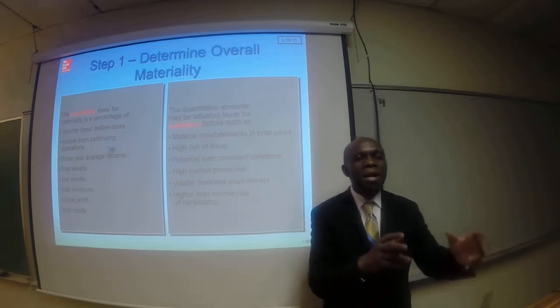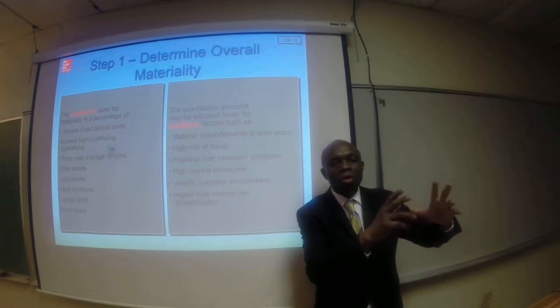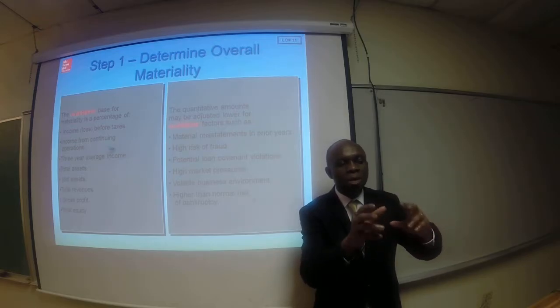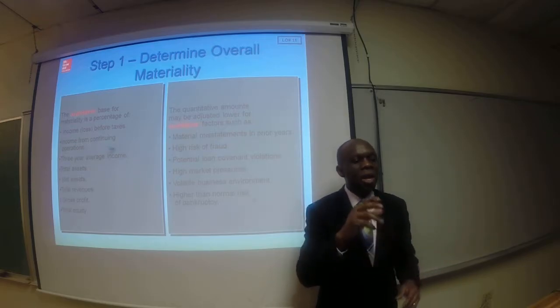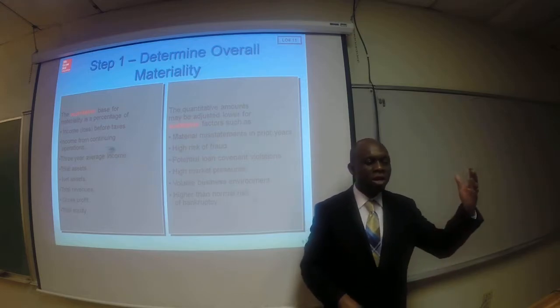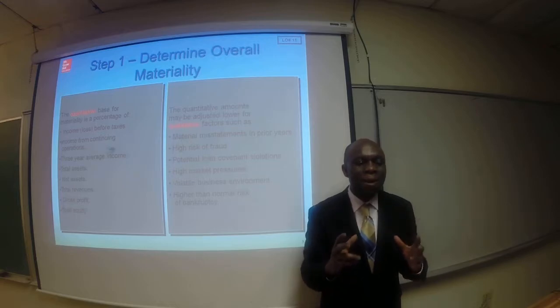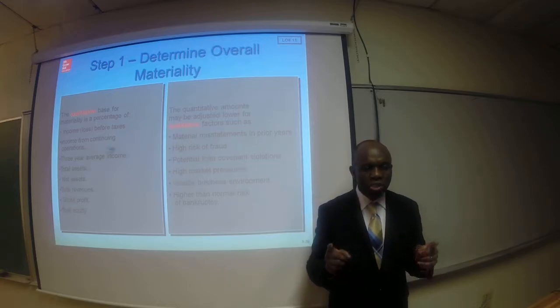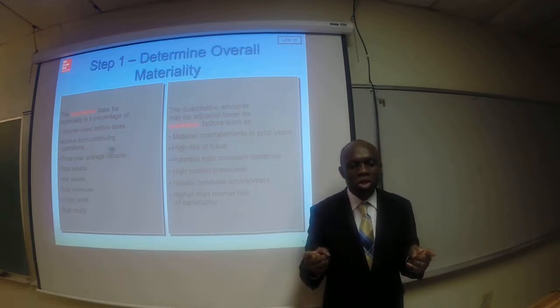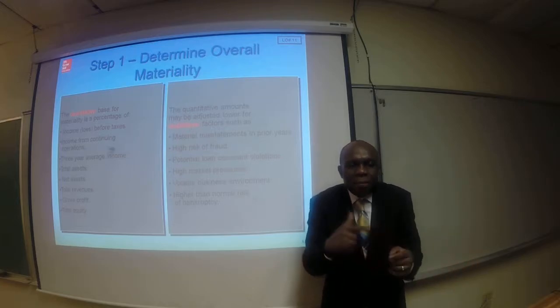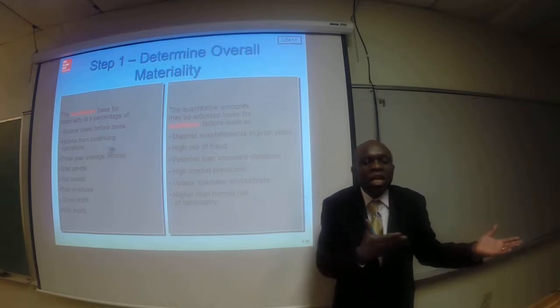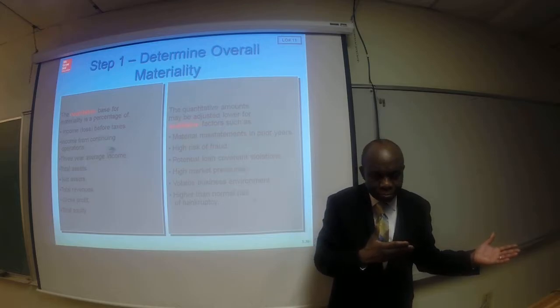What does that mean? By the time you do the math and the calculation and base it on a particular percentage and say, well, 2% of the total assets is the overall materiality, then that amount needs to be adjusted based on qualitative factors. This is not quantitative now, but just qualitative. For example, take a look at what happened in the past.